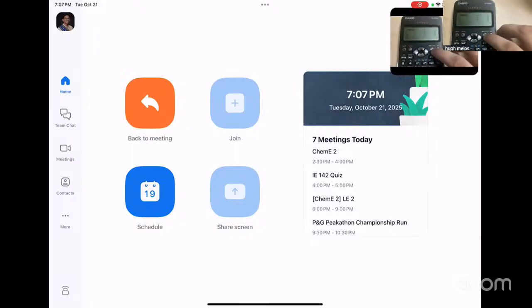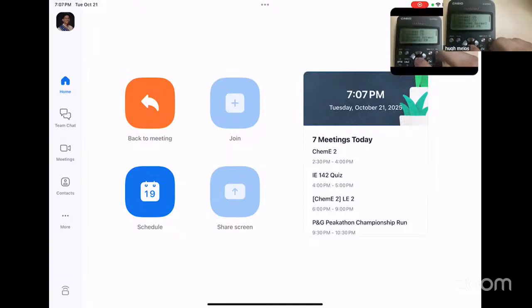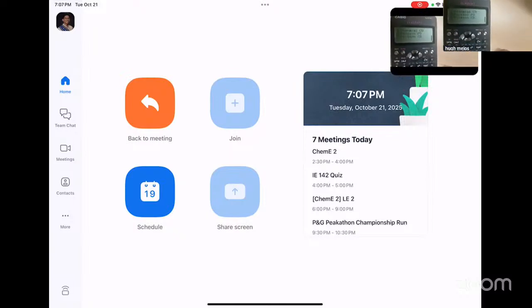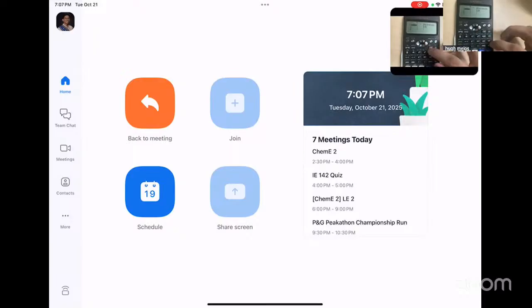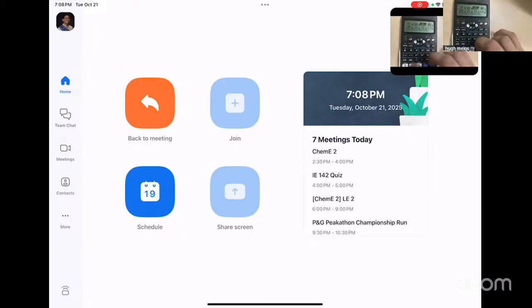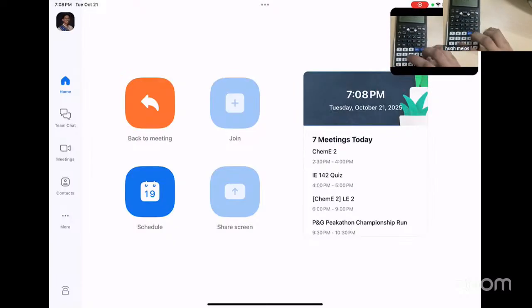So you go to here, and then you go to distribution, click 7. You go to Poisson CD, CD because it's cumulative. You go to list, and then essentially you want to test all the possible values.